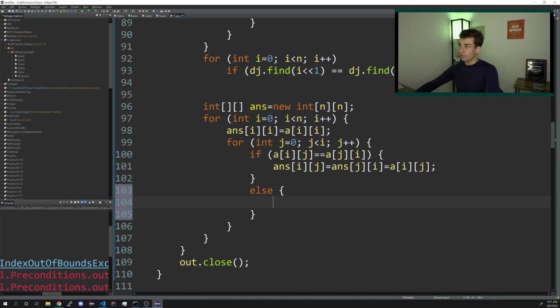Otherwise, we have tried to connect them if we want to, or tried to disconnect them if we don't want to. So otherwise they're either connected or disconnected, right?